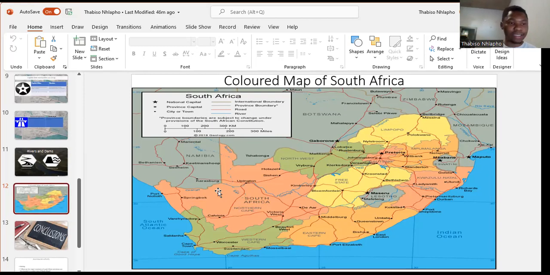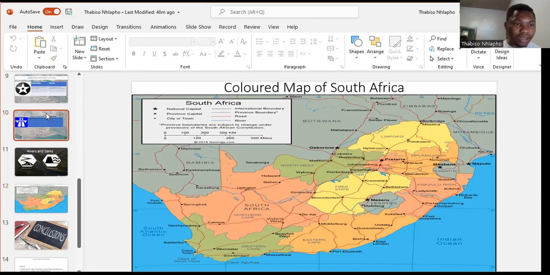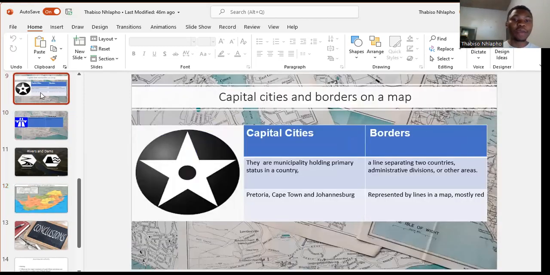Okay, Geleta says he doesn't understand the thing about capital cities. So capital cities, as I have mentioned, are those big cities that attract inbound tourists, they attract international tourists, they attract people with higher class, they attract people with money.